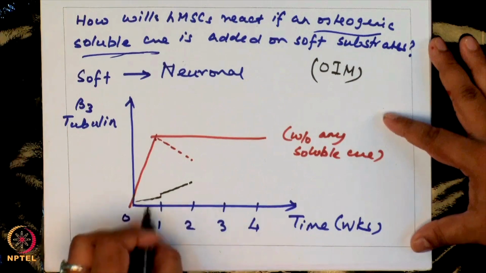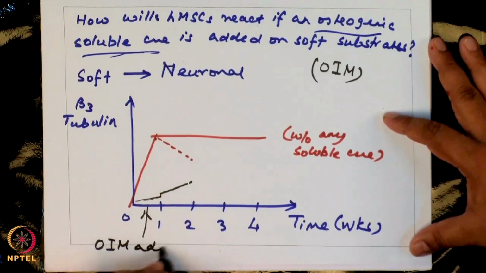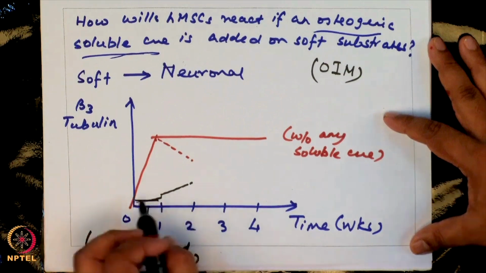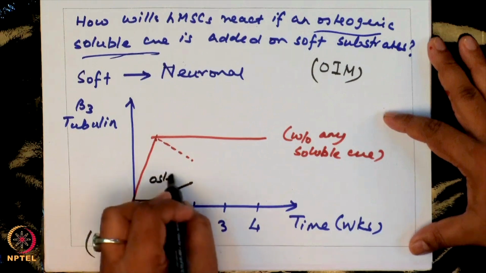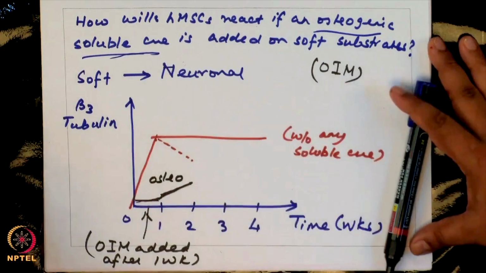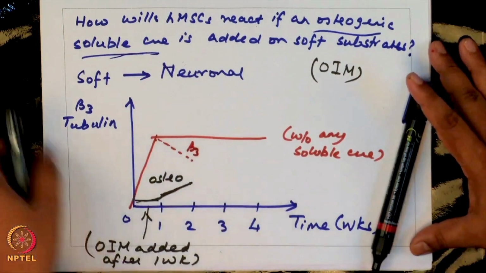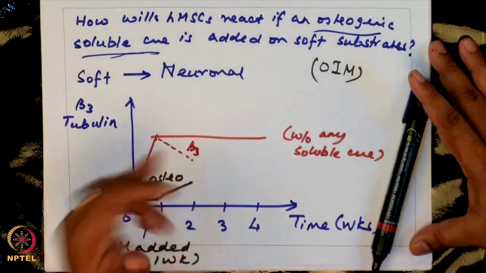So, this case corresponds to OIM added after 1 week. This was baseline and you have an increase in OIM. So, this is an osteo signal and your beta 3 tubulin keeps going down. There is a drop. So, a drop in neuronal marker, an increase in bone marker.